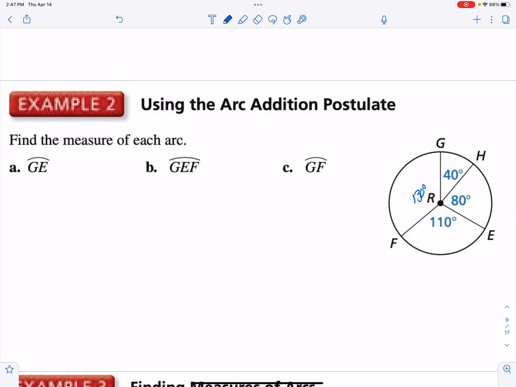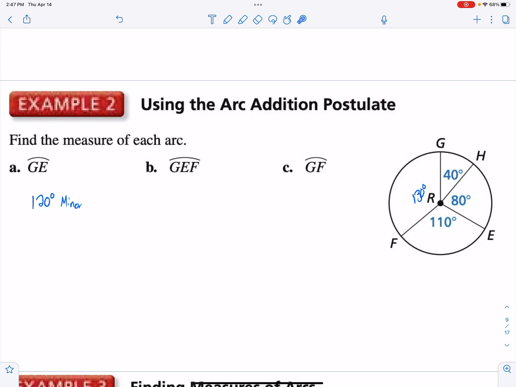So from G to E, again, they're talking about the minor arc because they only use 2 letters, so we're going this way. From G to E, if I add up 40 and 80, I get 120 degrees. And again, that's a minor. Okay, from G to E to F, now again, we have to follow the order of the letters. From G to E to F, I have to add those all up.